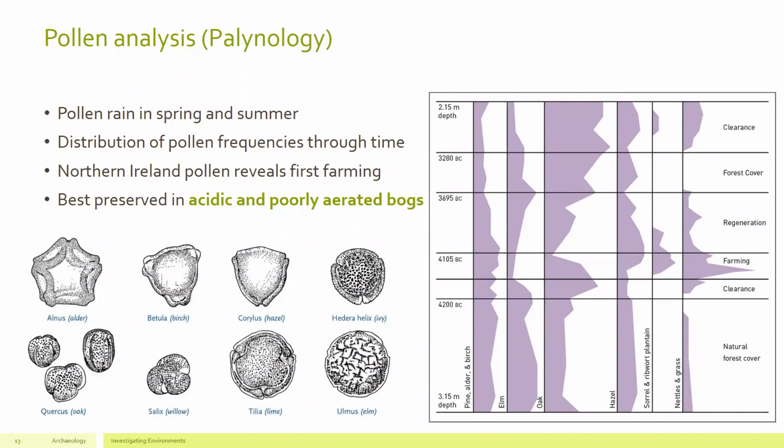Pollen is best preserved in a rather acidic and poorly aerated environment, and that is really a peat bog, one of the best places for these kinds of conditions. So it's a level of acidity and low oxygen levels that lead to excellent preservation of many organic materials, pollen being one of those.